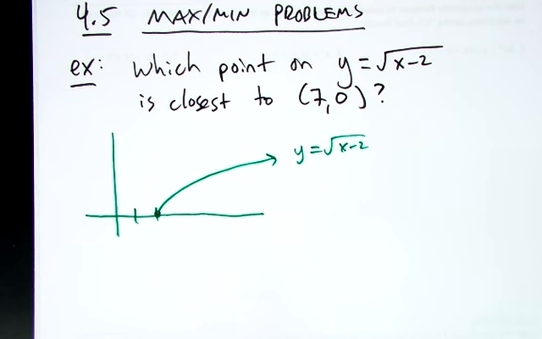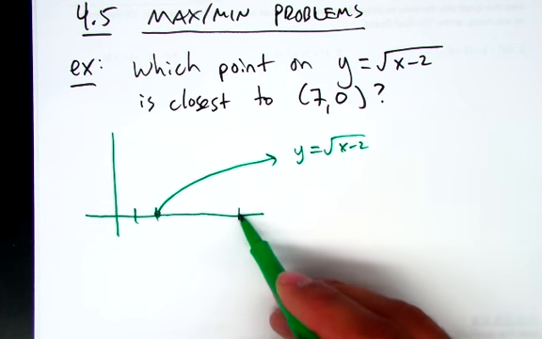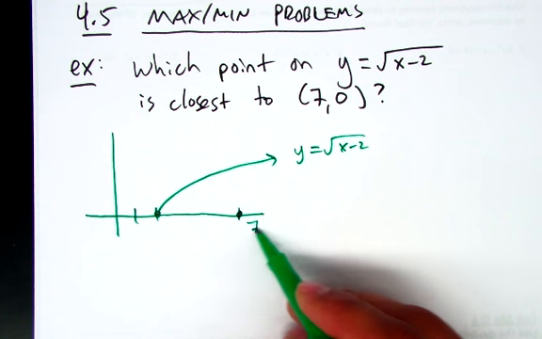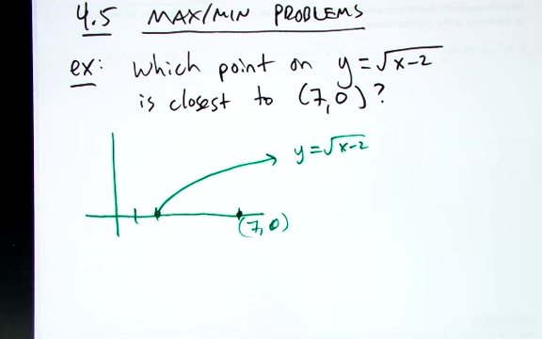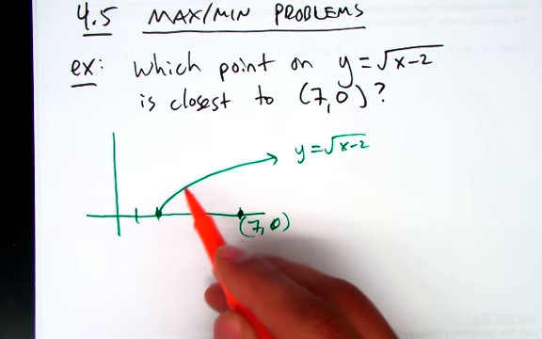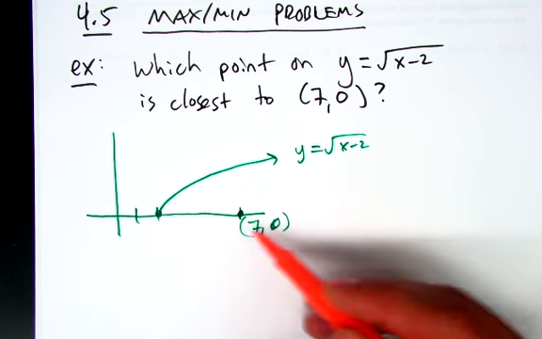And then 7, 0, well, that's probably around here somewhere. And what they want to know is what point on this square root curve is closest to 7, 0.